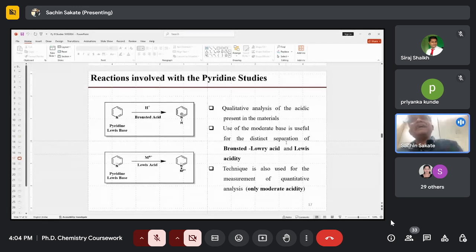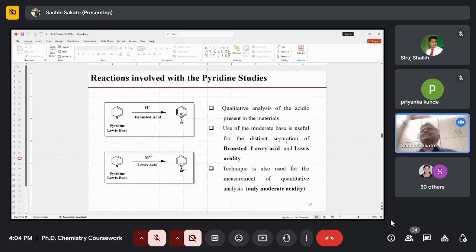And if it is a Lewis acid, what will happen? The metal which is present there will get coordinated with the pyridine. Now see what we are saying: whenever our catalyst has Bronsted acidity, we have to prove it.